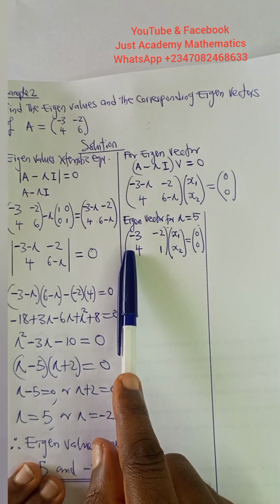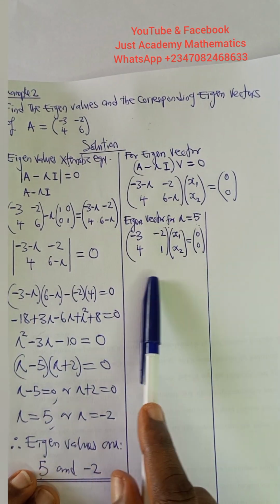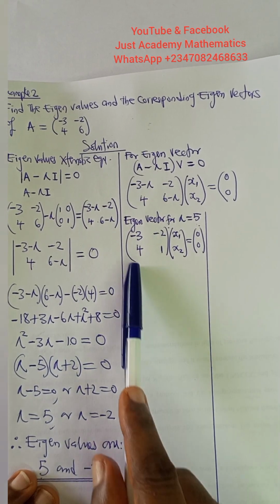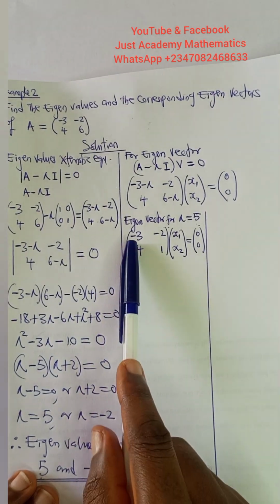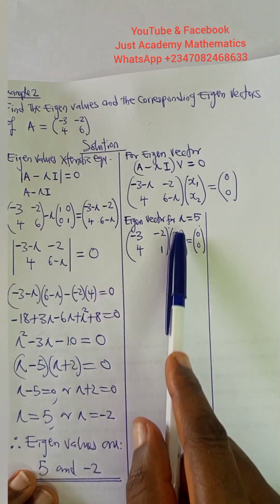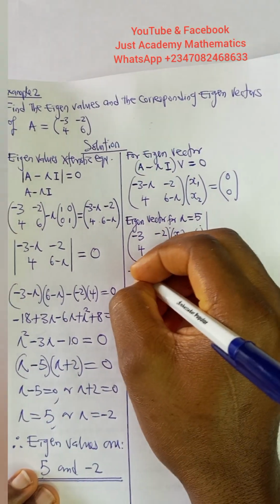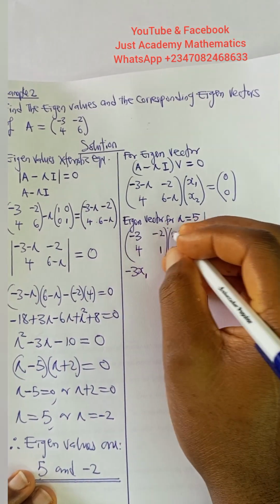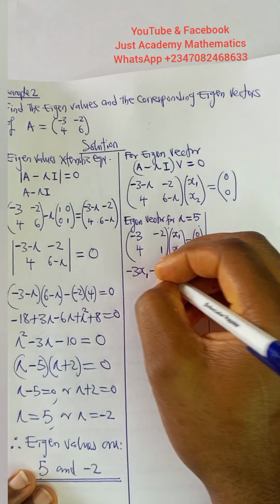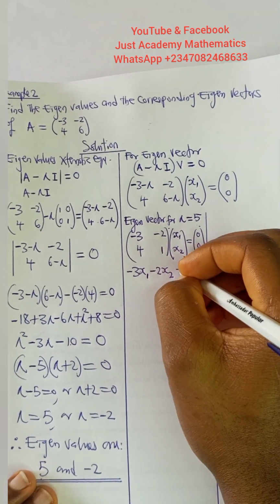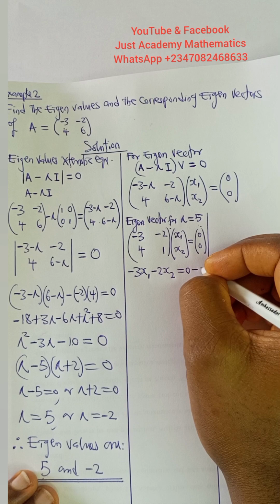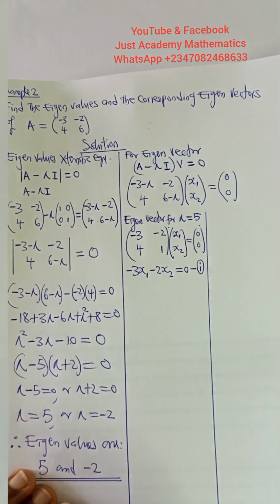So I say we rewrite this in form of linear equation, in form of a system of linear equation. Of course, row times column, row times column. So minus 3 times x1 will give me minus 3x1, minus 2 times x2, minus 2x2 is equals to 0. This can be regarded as equation 1.